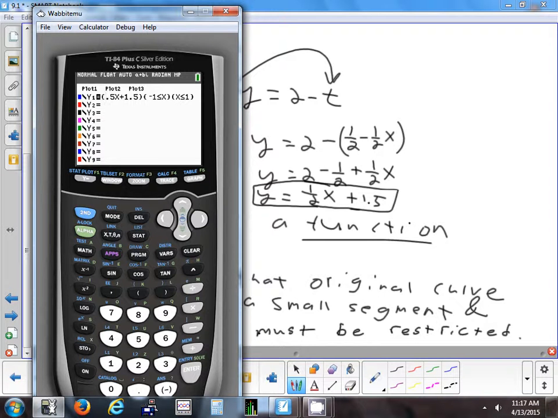If you type that in, just like that, you've got to put parentheses around everything. You'll get the same graph we just had parametrically. I tried typing this in as a compound inequality. It didn't like it. I tried -1 is less than or equal to x, less than or equal to 1. Didn't work. So you got to, at least I think you got to type it in separate.